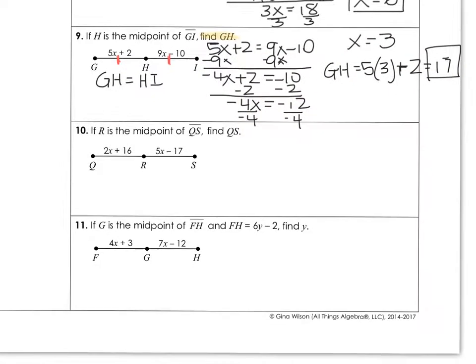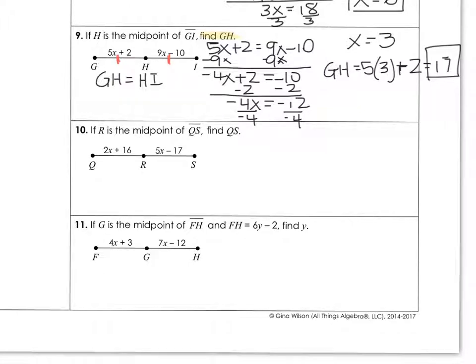Okay, let's look at the next one. R is the midpoint of QS, so I know that QR equals RS. The first step is to find x, so we set them equal: 2x plus 16 equals 5x minus 17.